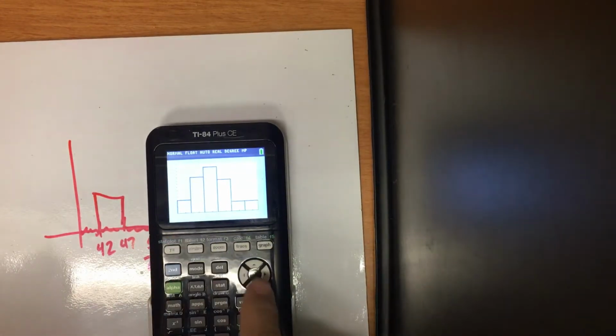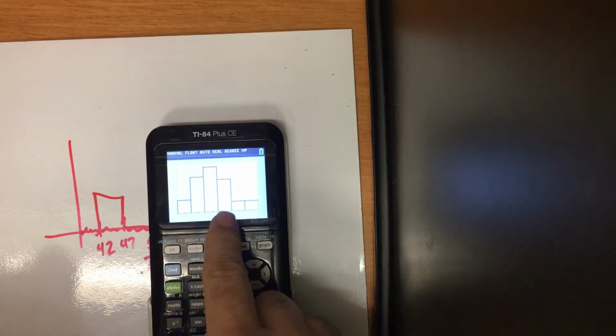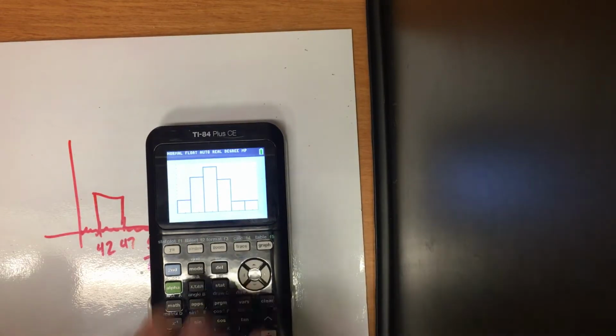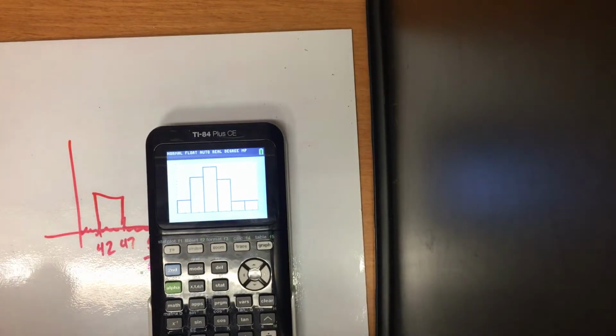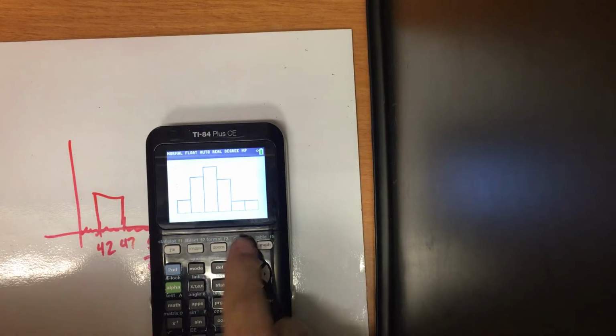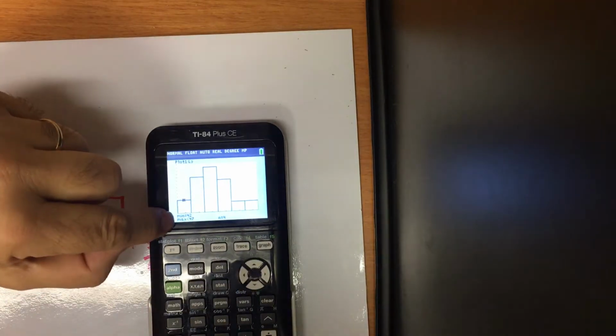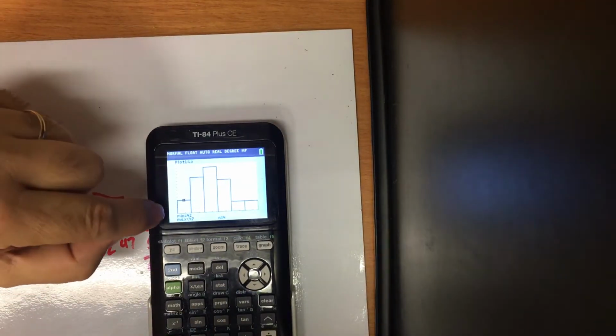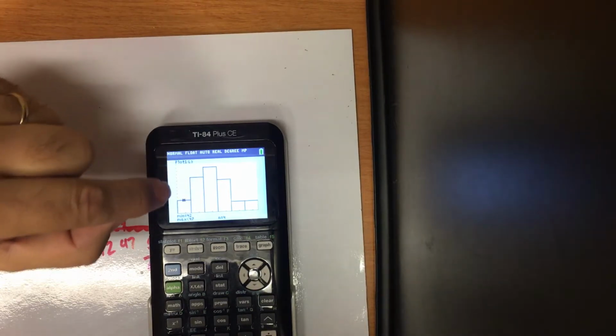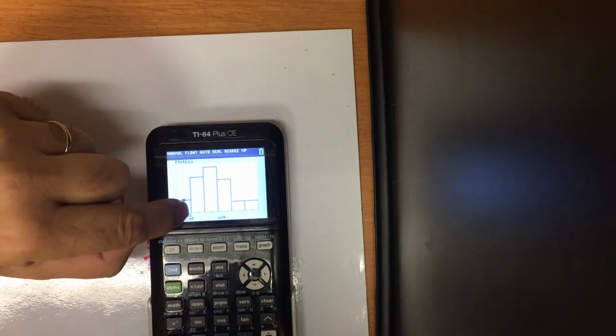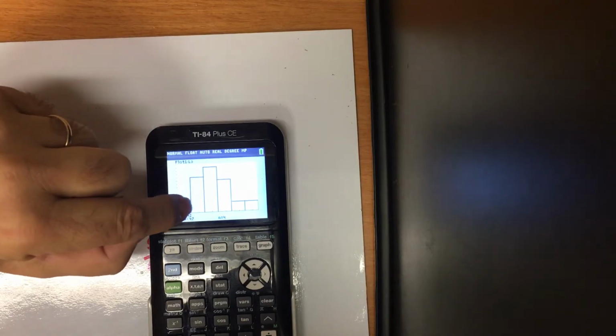And there's my data. So notice I've got 1, 2, 3, 4, 5, 6. I've got 6 total classes. And I can hit the trace button. And it shows me down here, it says the minimum is 42, the max is 47. Notice it says max is less than 47. So that means if a president was actually 47 years old, they would go into the next class to the right.